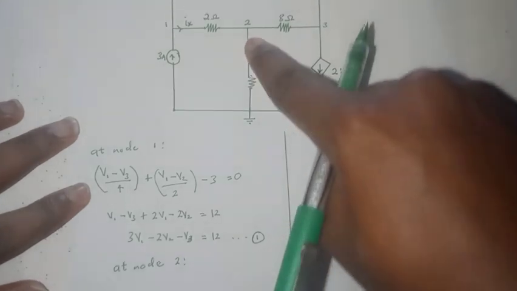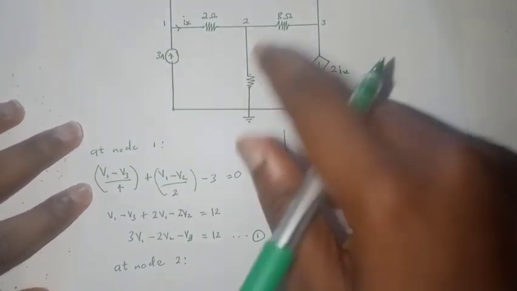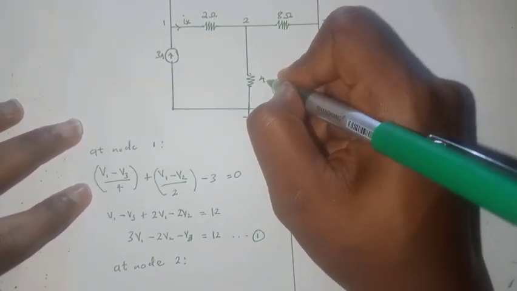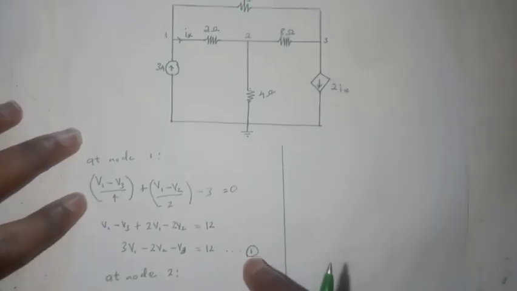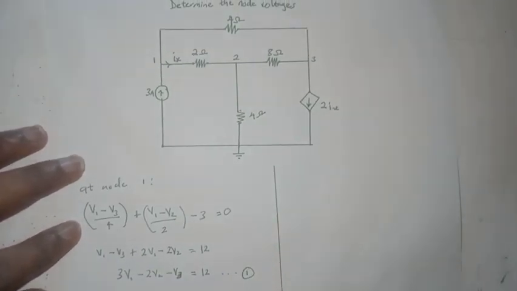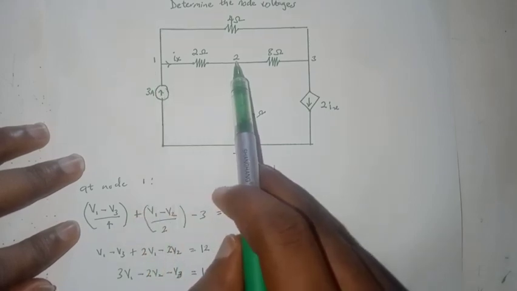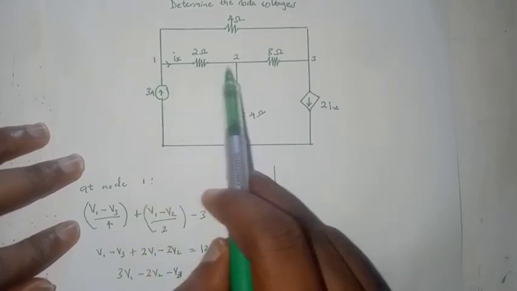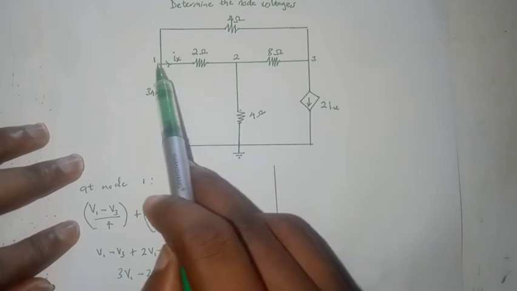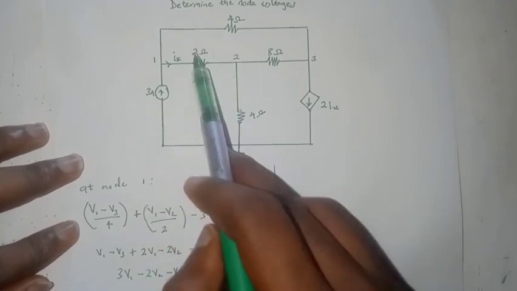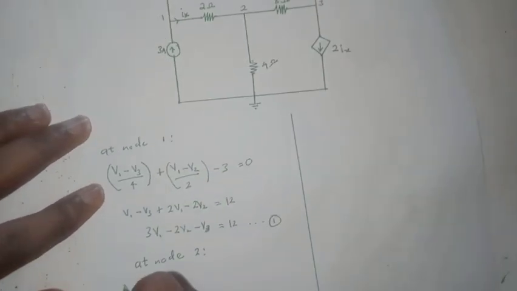Then at node 2, this resistance should be 4 ohms. So at node 2, the current flowing in this branch would be V2 minus V1 divided by 2.